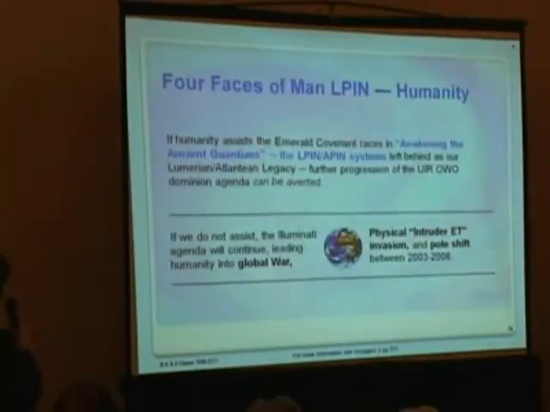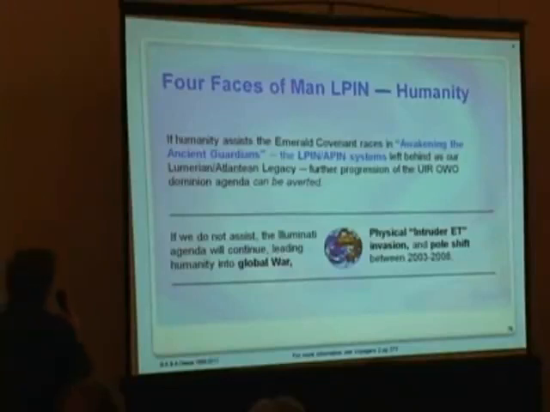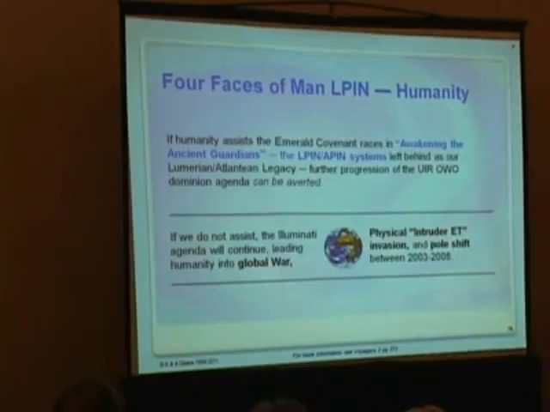Okay, so the Four Faces of Man LPIN and humanity. If humanity assists the Emerald Covenant races in awakening the ancient guardians, which are the LPIN and the APIN Systems, left behind as our Lemurian Atlantean legacy, further progression of the UIR One World Order Dominion agenda can be averted.